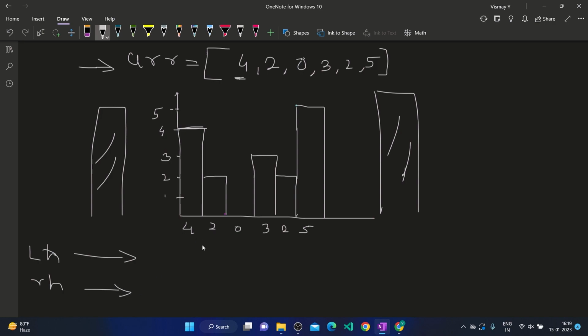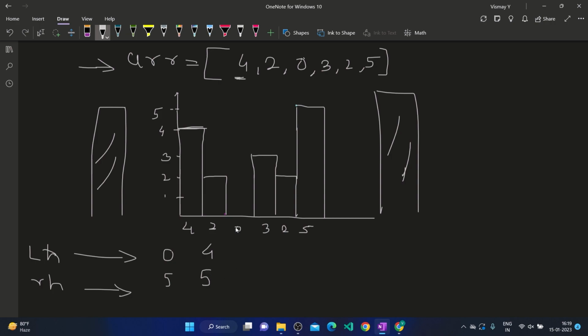For this element we have nothing on its left side, so the highest on the left would be 0, and on its right side the highest is 5. Now for this element 2, on its left side the highest is 4, and on its right side the highest is 5.